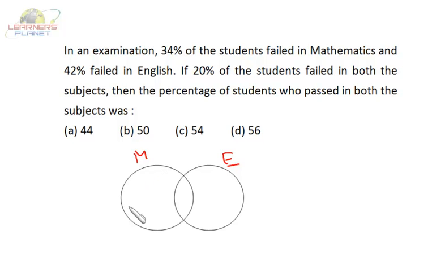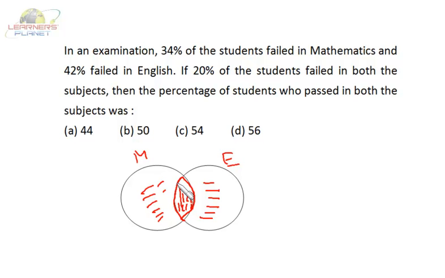Friends, this circle represents mathematics, this circle represents English, and this portion represents the students who failed in mathematics and English both. That means this portion will be for only math, this portion for only English, and this portion for math and English.